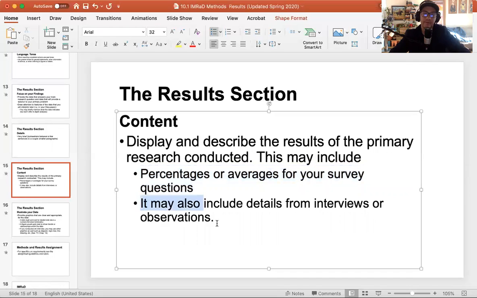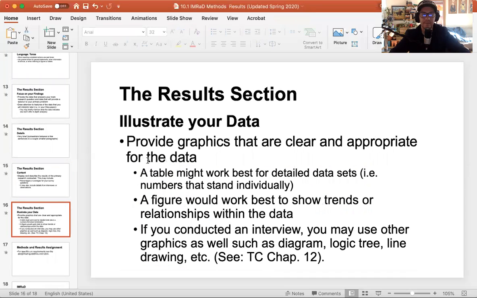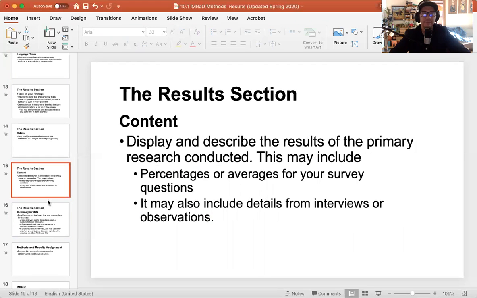Or if it wasn't a survey, if you did an interview or an observation, then you're going to be including details from the interview or observation without analysis. Okay. As far as how you format it, how you organize it, it's a little bit up to you. I would say it's very brief, and so you don't have a lot of unnecessary paragraphs here.